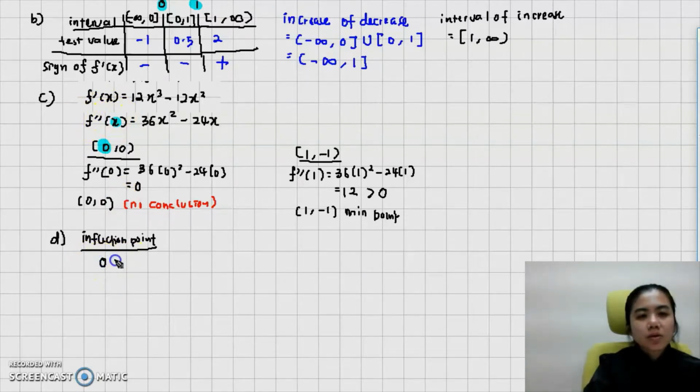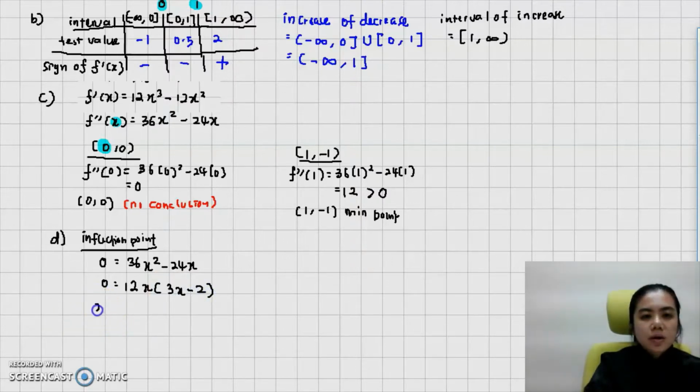Let it equal to 0. We have 36x squared minus 24x equal to 0. Do the factorization and we have 12x times 3x minus 2. So we will have x equal to 0, and x equal to 2 over 3.